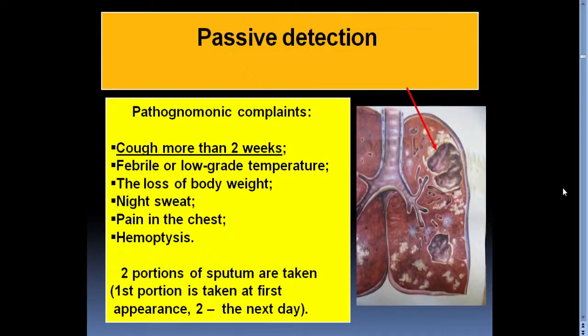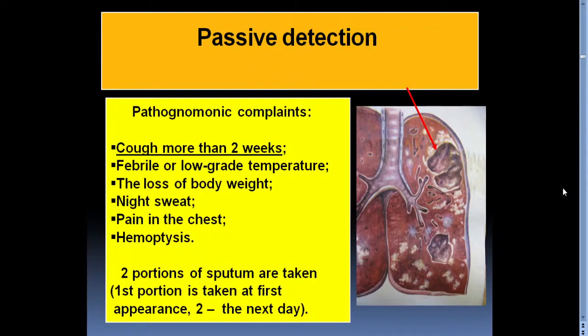Next variant of detection is passive detection. Patients with tuberculosis have complaints that are pathognomonic for tuberculosis. First of all, cough more than 2 weeks, a long time coughing.